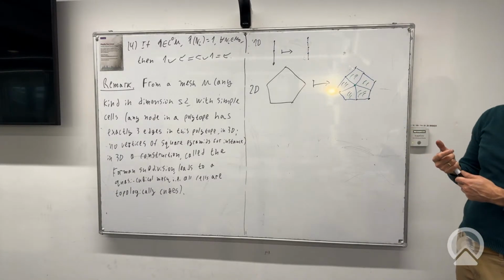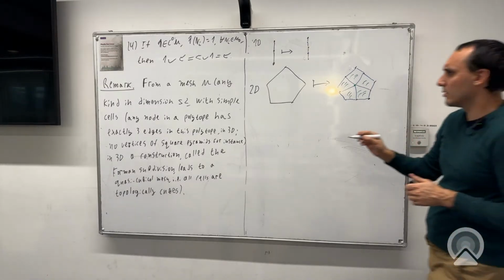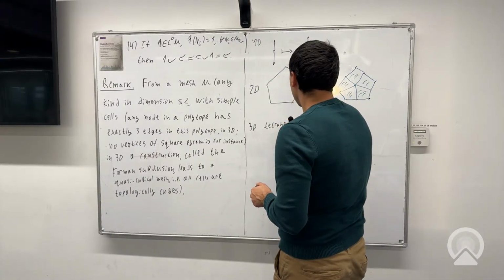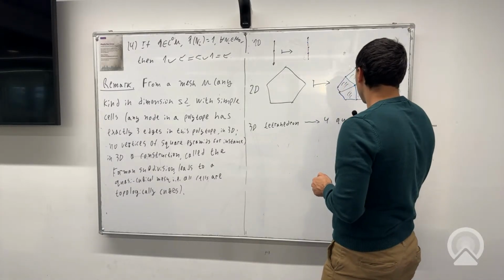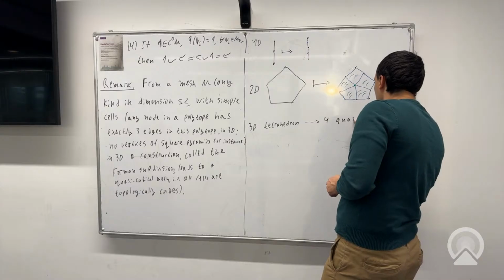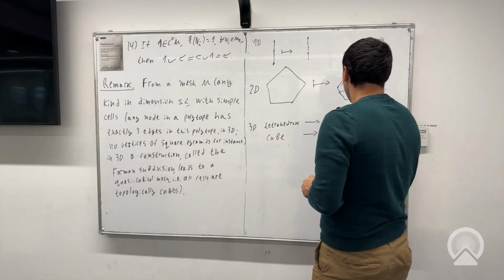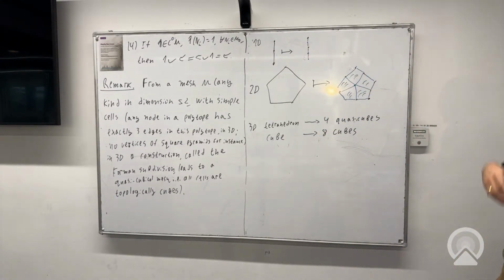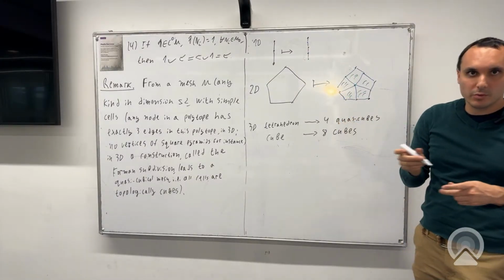In 3D, if you have a tetrahedron, it goes to 4 quasi-cubes. And a cube goes to 8 cubes. So it's split in 3 directions twice. In 2D, a square will go to 4 squares. In 3D, a cube will go to 8 cubes.